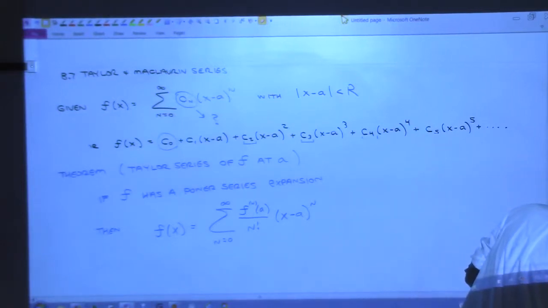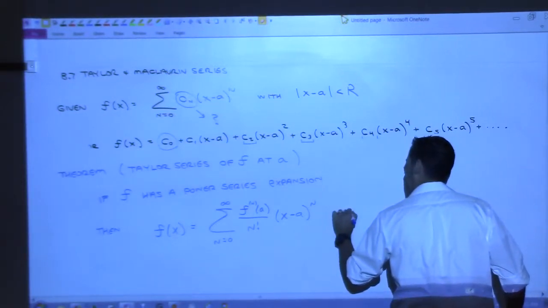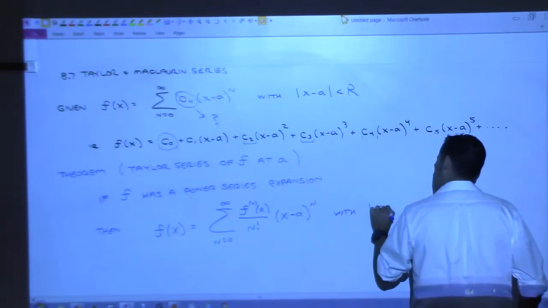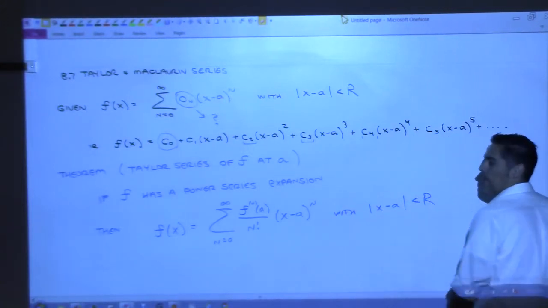And this is where, with the radius of convergence like that, okay?